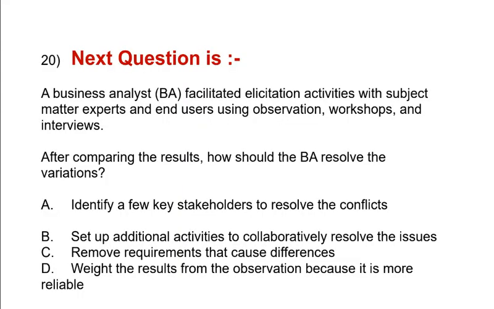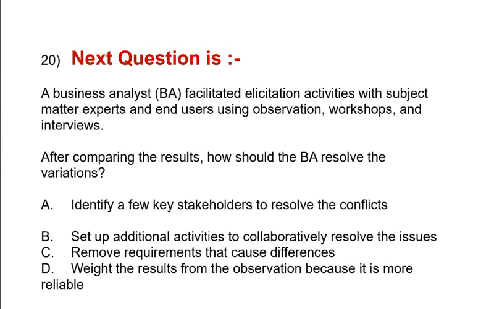Question is, a business analyst (BA) facilitated elicitation activities with subject matter experts and end users using observation, workshops, and interviews. After comparing the results, how should the BA resolve the variations? Option A. Identify a few key stakeholders to resolve the conflicts.